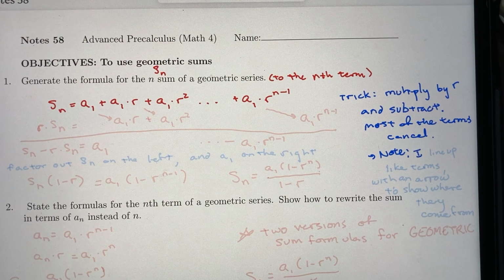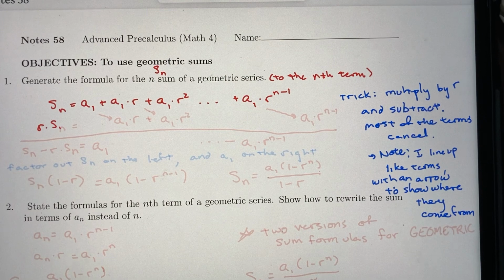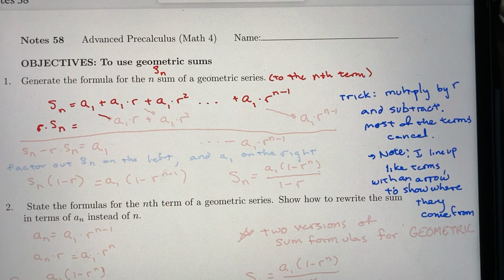So r times Sn equals a1r. I'm going to write it again under the other a1r, even though it came from just plain a1.